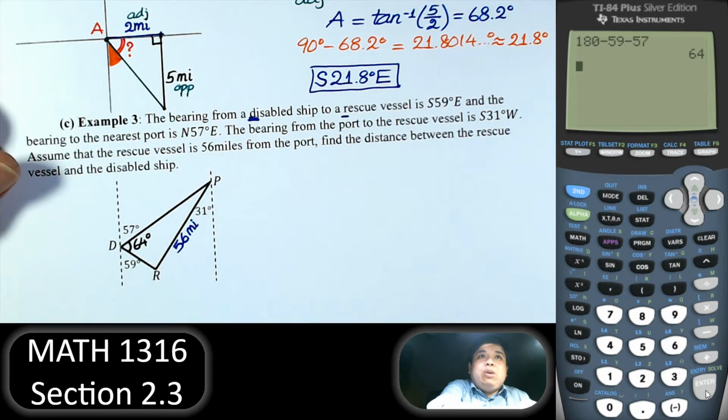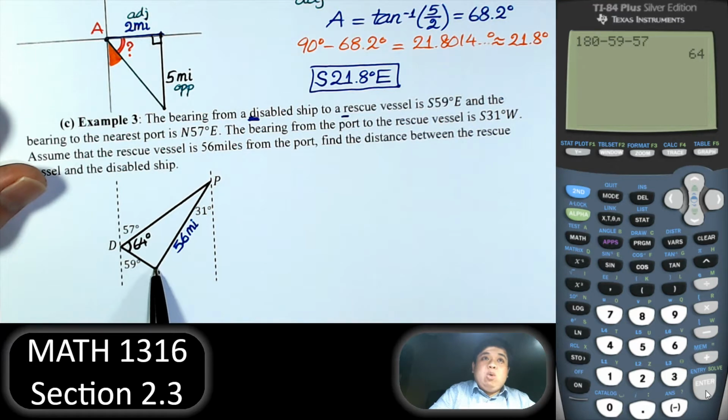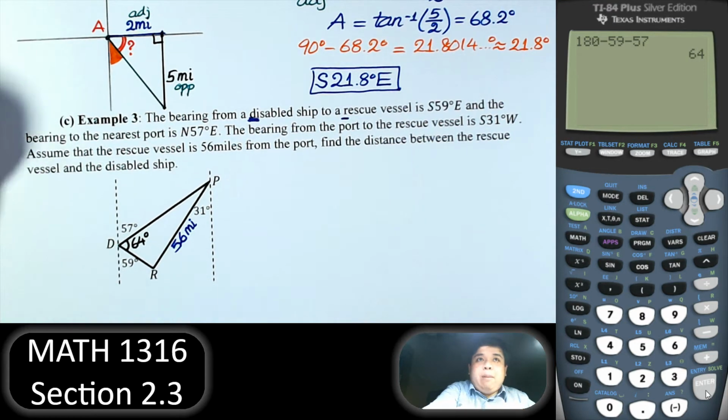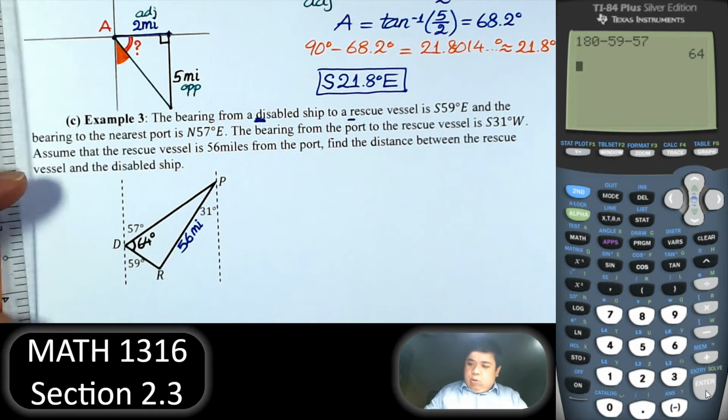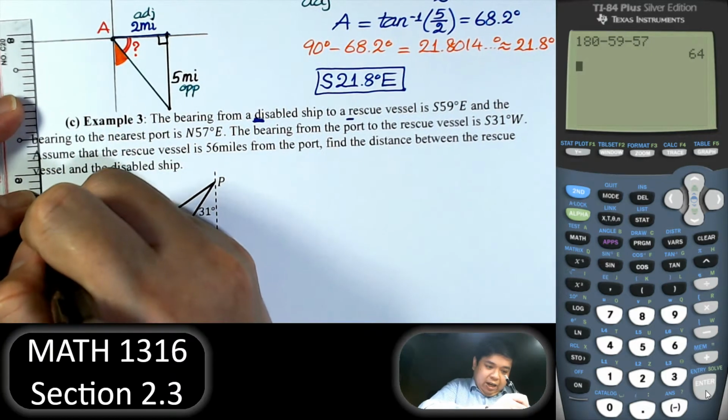What else can we do? Somehow we have to show that this angle R is 90 degrees. How do we do that? It will be a bit crowded, but I will try to draw it again here.